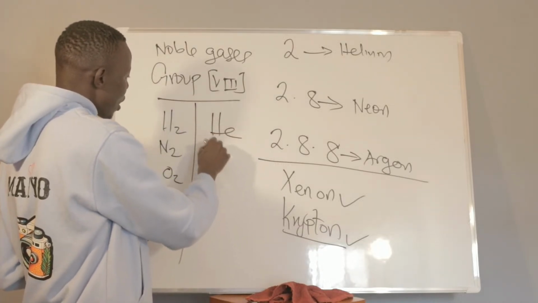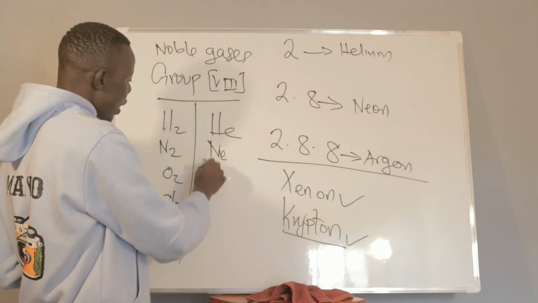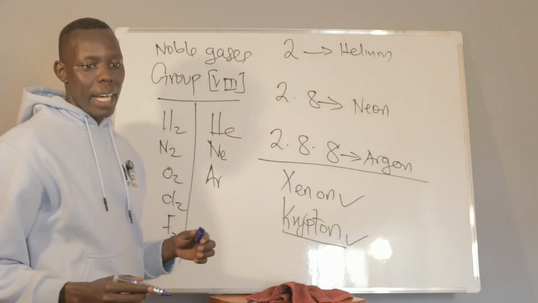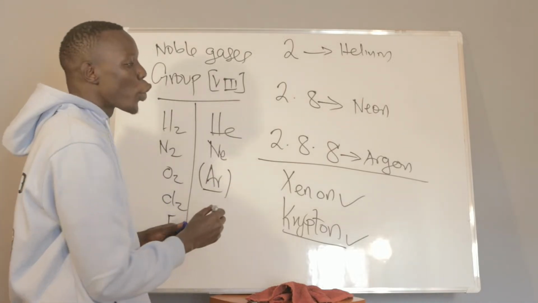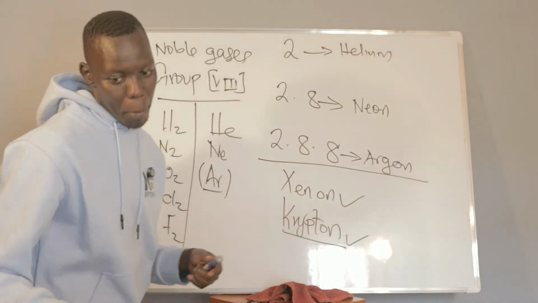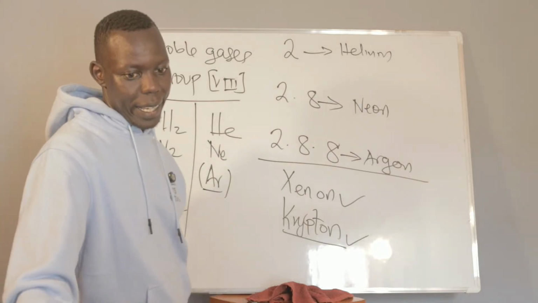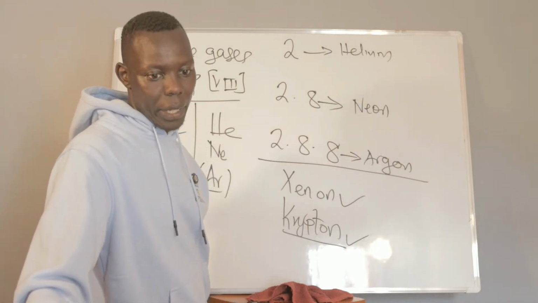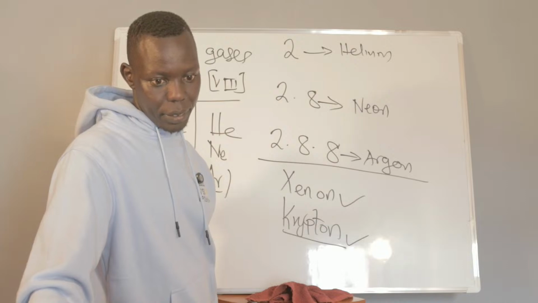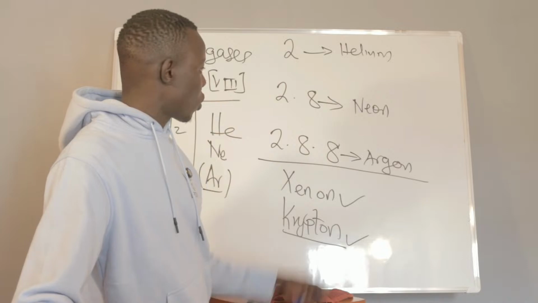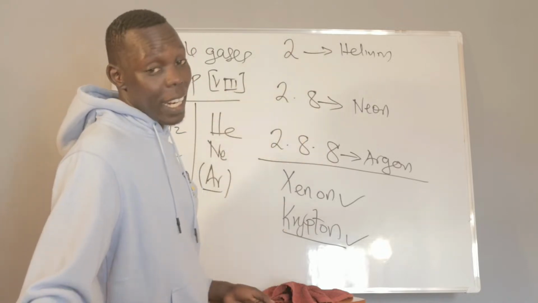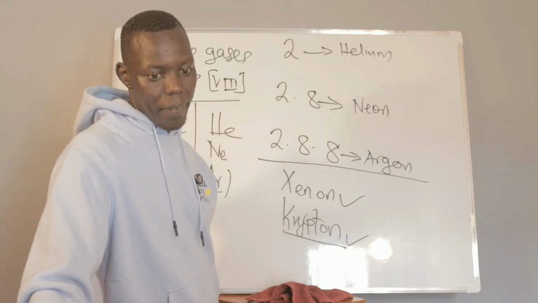Kama ni neon hivyo. Kama ni argon ni Ar. They exist as monoatomic gases. Alafu the other thing is they're colorless.